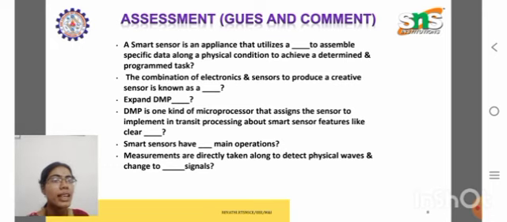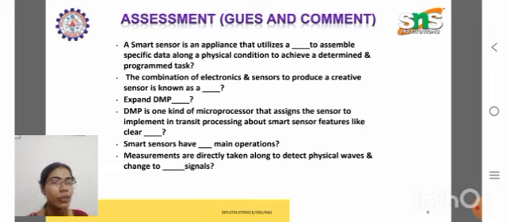A smart sensor is an appliance that utilizes a device to assemble specific data about a physical condition to achieve a determined and programmed task. The combination of electronics and sensor to produce a smart sensor is known as what? Expand DMP.